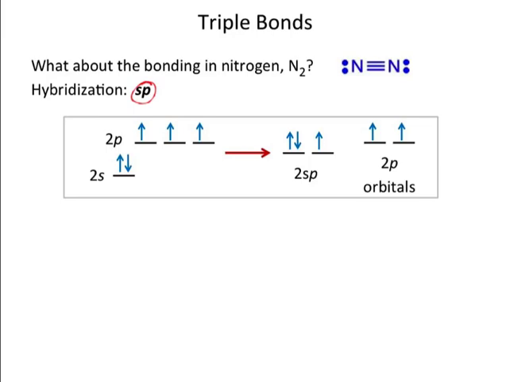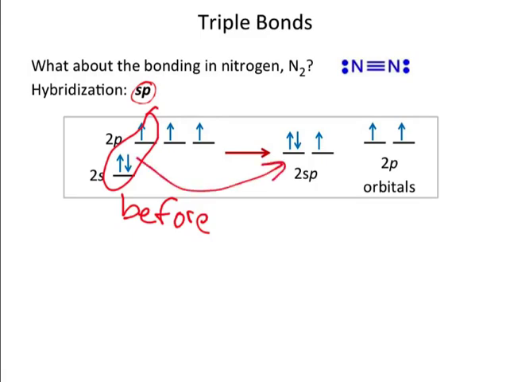Now, when you make sp hybrid orbitals, you take from the before picture on the left an s and a p, and you merge them together to form these hybrid orbitals, the two sp. You take linear combinations of them to make the two sp. So there's two of these sp hybrid orbitals, and the principal quantum number is 2.